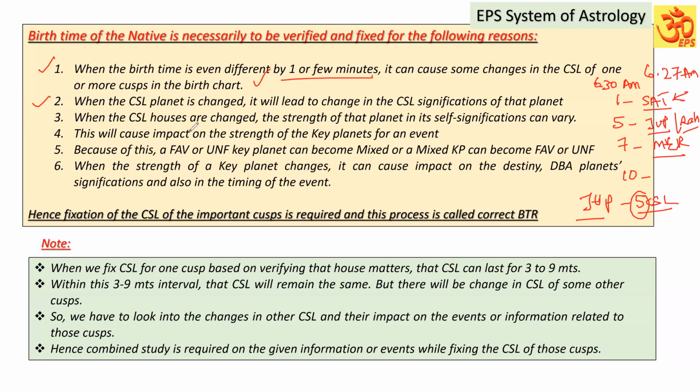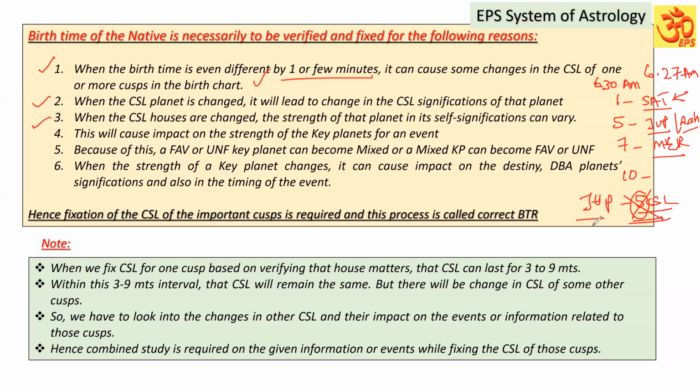It means when the cuspal sublord planet is changed, it will lead to change in the cuspal sublord signification of the planet. What will happen when the cuspal sublord houses are changed? The strength of that planet in its self-signification can vary. Now that Jupiter will lose its fifth cuspal sublord, when time is changed, it can get cuspal sublord for the fourth house or eighth house also.